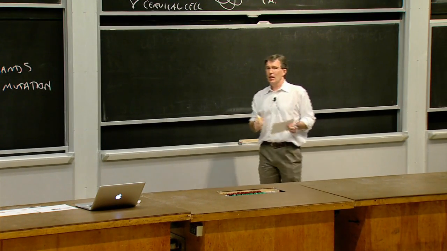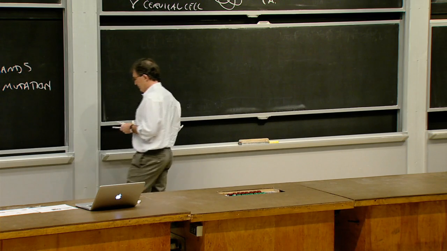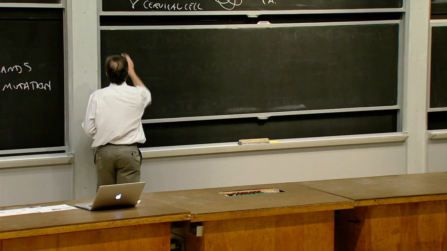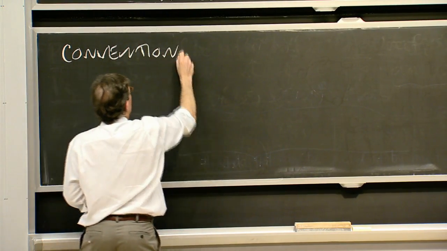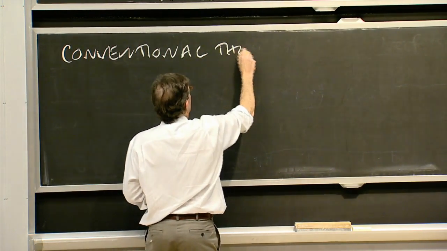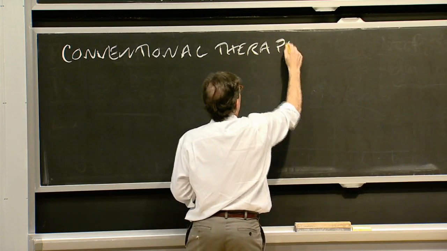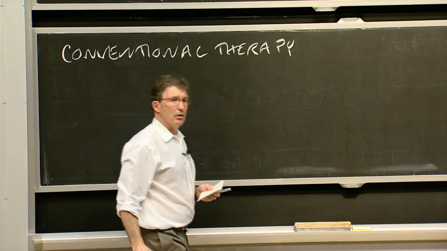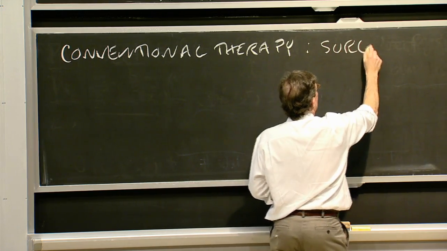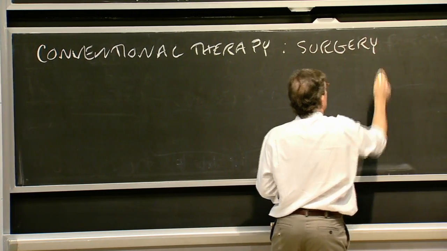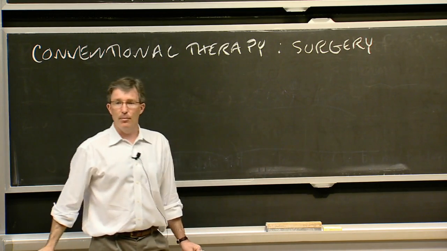let me tell you just a little bit about cancer therapy more generally. What we would consider to be conventional cancer therapy. The most effective form of cancer therapy is surgery.